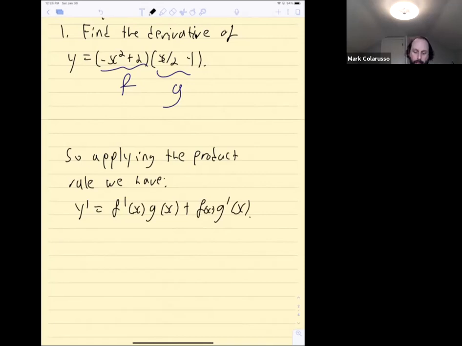Now each of these, the derivative of f and the derivative of g, we can obtain using the techniques of the previous section. I'm not going to go through the whole sum rule and power rule thing again. We've done that several times now, and you should be comfortable enough with it that you can do that fairly easily without going all the way back to basics.